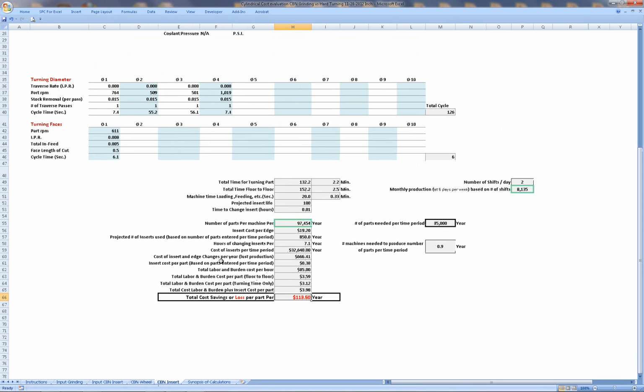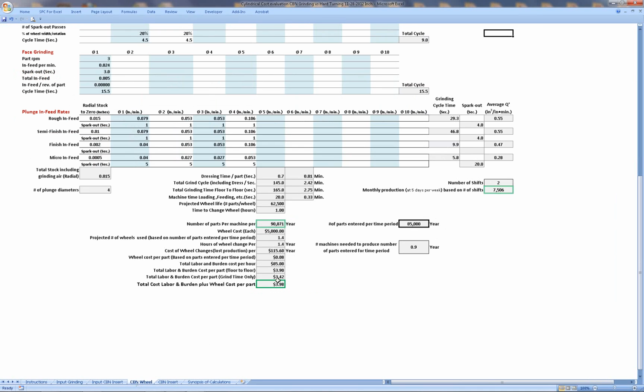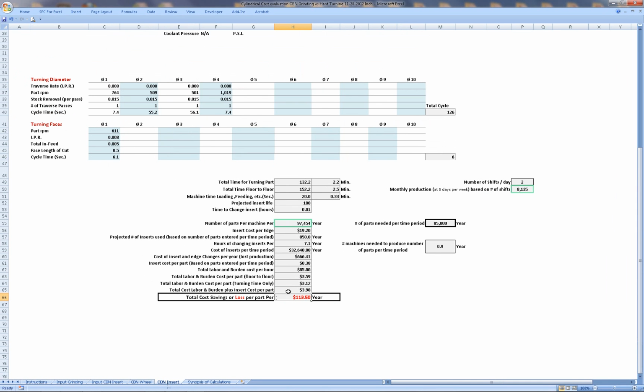So the cost for the edge to change the parts, 616. The total burden and labor cost was 398. So we go from 398 versus 342, and we save a total of 113.50 for grinding.